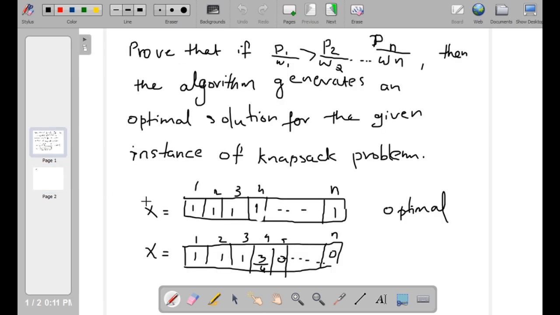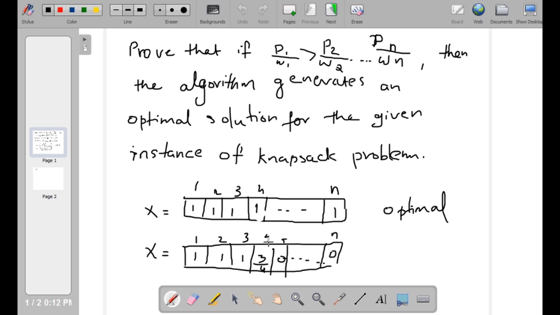See our solution, we were able to pick the first three items, the whole block, and we were able to pick the fourth item, 3 by 4 of that block. That is, after putting these three items in the knapsack, we were unable to pick one complete block of the fourth item.